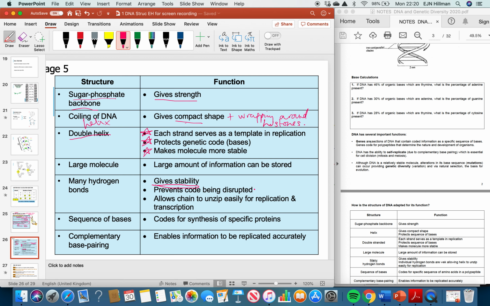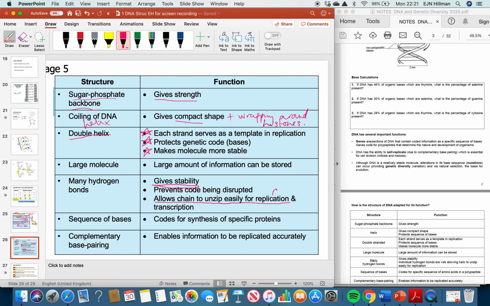And it also means that when the DNA replicates, because of those hydrogen bonds and the complementarity between the bases, the code is preserved. So that's collectively. But individually, those hydrogen bonds are actually very weak. So it's quite straightforward with an enzyme to break those individual hydrogen bonds for replication.